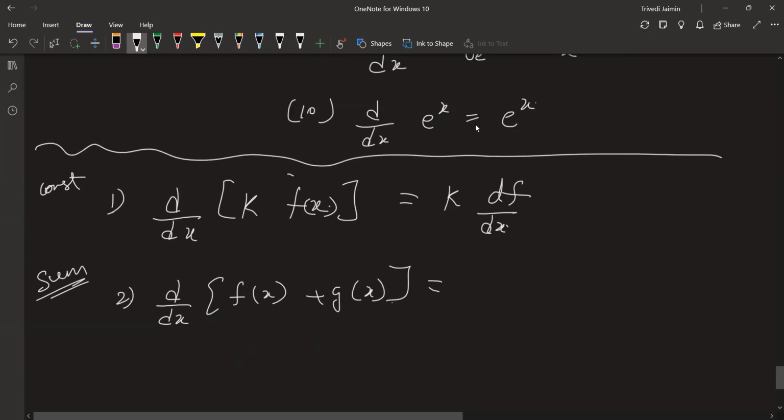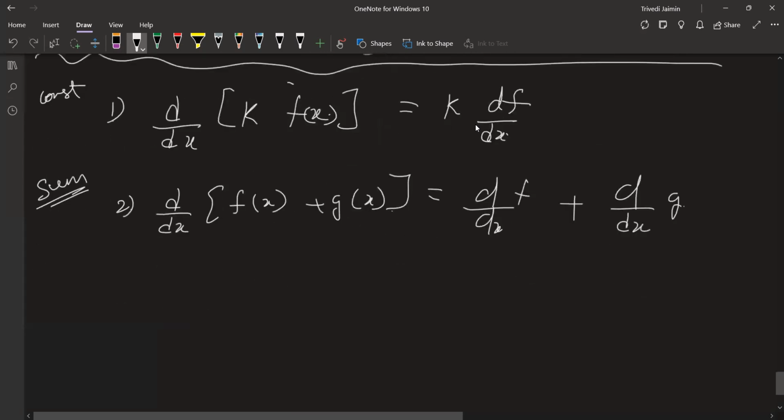But if it is in multiplication, we have to do something else. So it is d by dx of f plus d by dx of g, where g means g of x and f means f of x. Each is a function.